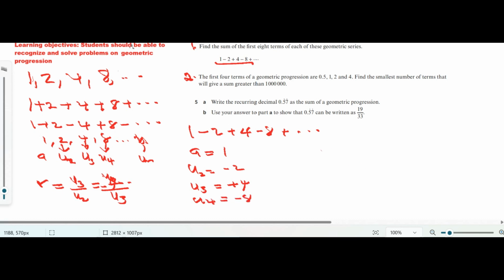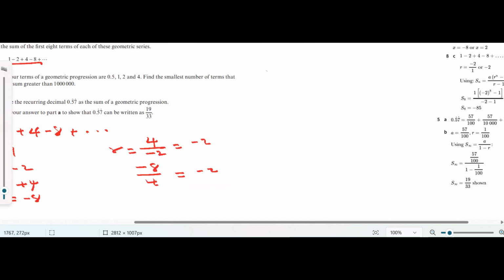For me to calculate the common ratio, I will just say the third term divided by the second term, which will give me -2, or I will say the fourth divided by the third, it will still give me -2. That's just it.